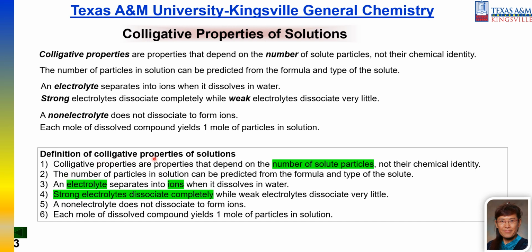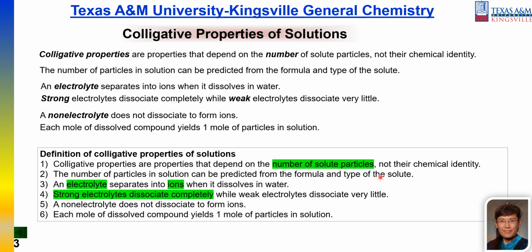Point 1, the definition: colligative properties are the properties that depend on the number of solute particles rather than their chemical identities. The number of particles in your solute can be predicted from the formula and the type of the solute.